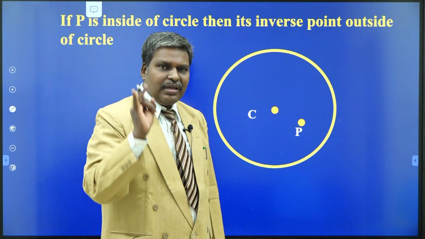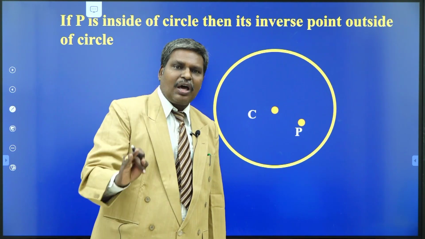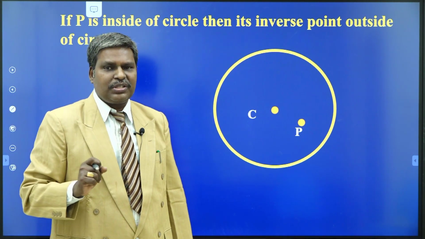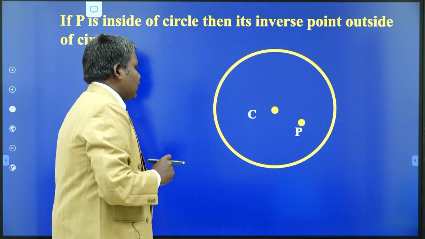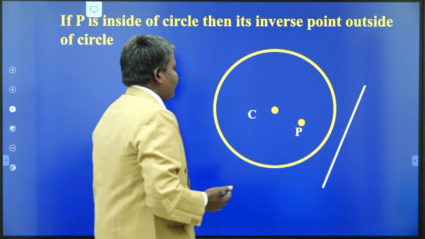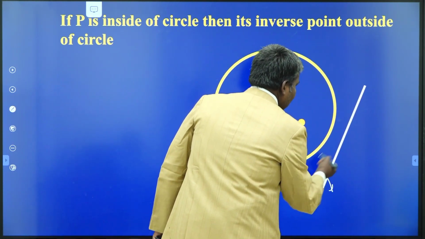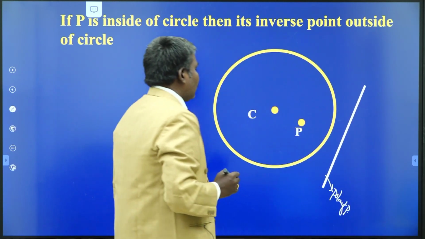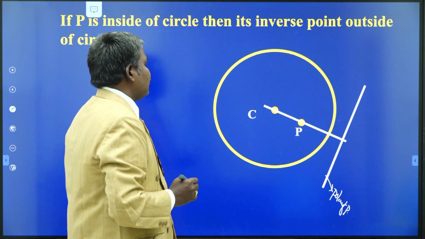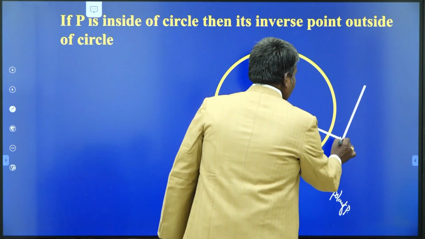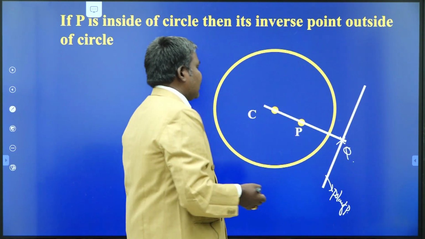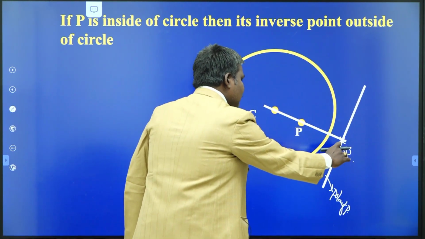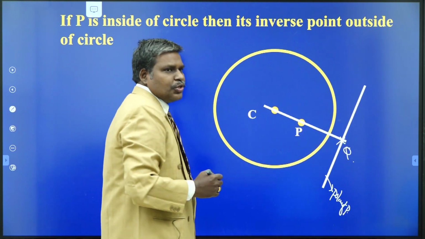Find the polar of P. Write the equation of CP, solve them, you get the point of intersection, that is your inverse point of P with respect to the circle. So this is my point P. This is the polar of P. Point is inside, your polar is outside to the circle. This is the polar of P. And join CP, we get this is the point of intersection Q, which is outside, because when your polar is completely outside, by joining of CP, its point of intersection must and should be outside.